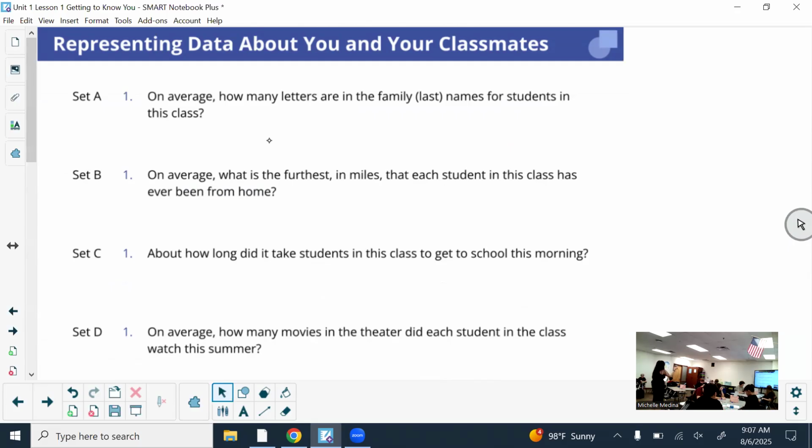Some people had: on average, how many letters are in the last name for students in this class? On average, what's the furthest in miles that each student in this class has ever been from home? About how long did it take students in this class to get to school this morning? And on average, how many movies in the theater did each student in the class watch this summer?